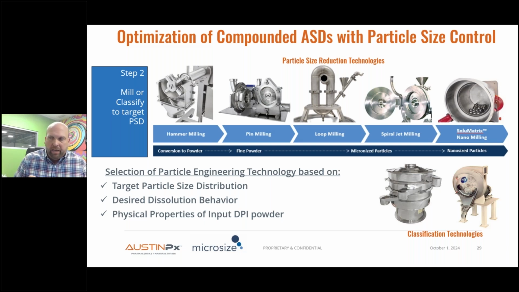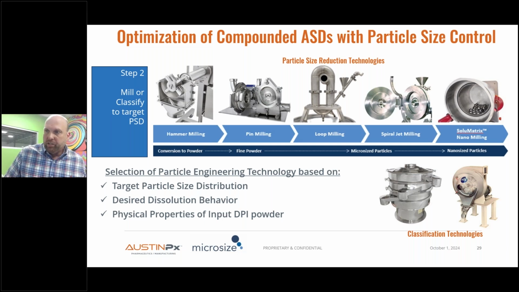Additionally, if the target formulation doesn't want to be too fine, we can use classification technologies as well and pull out the particles from the delumper that are objectionable. So remove fines or remove oversize if the bulk particle or the majority of the particles are in the range desired for that particular use case.